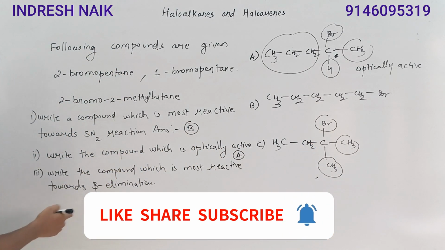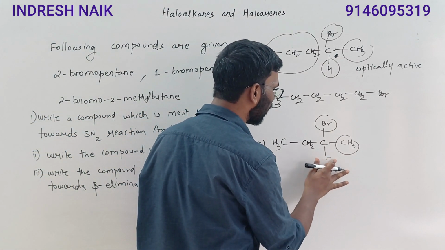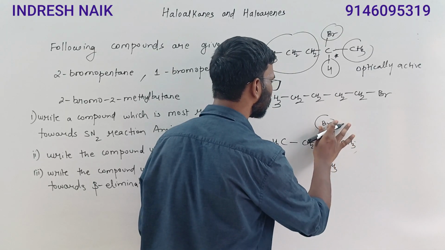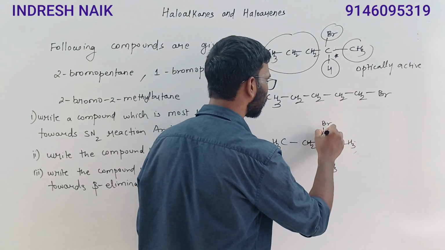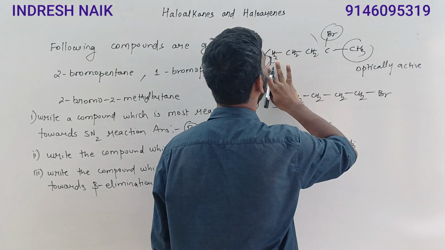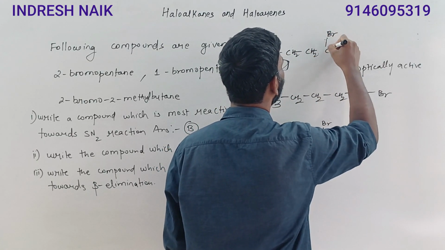Write the compound which is most reactive towards beta elimination. Among these, which will be most reactive towards beta elimination? It is that compound which gives the most stable alkene.